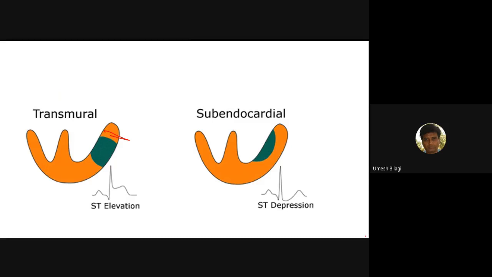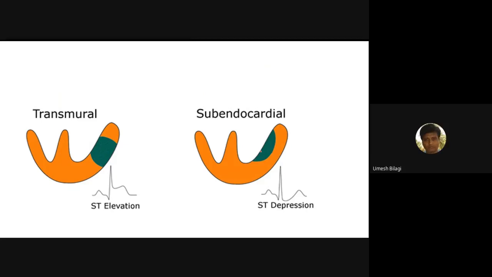In this case, the damage, or the infarct, or death of the muscle is full thickness, from endocardium to epicardium. There is an infarct here. Whereas in this, there is only endocardium to in between. It is not full thickness. This part is spared.